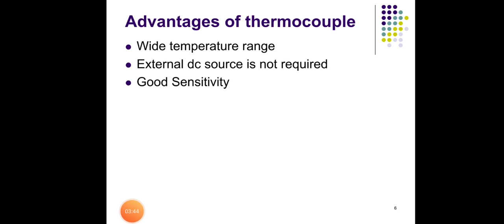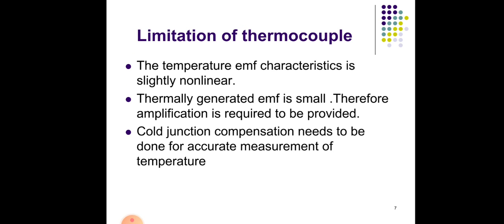Third, good sensitivity. Means what? Very small changes in temperature can be sensed by the thermocouple. That's why it has good sensitivity. Fast dynamic response. Means it responds quickly to any temperature changes. These are the advantages of thermocouple.